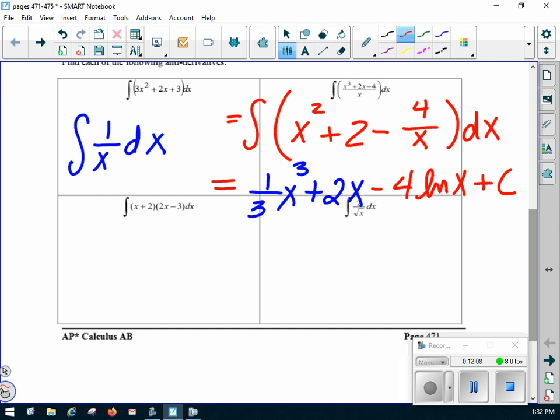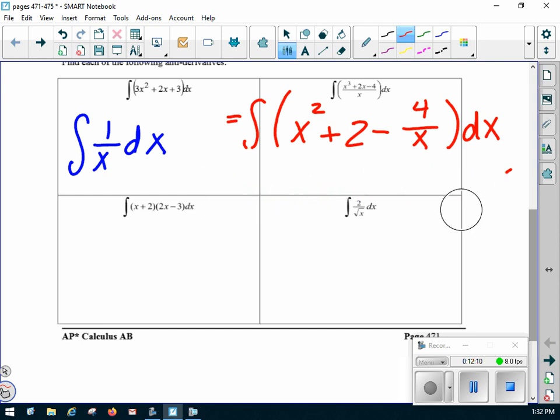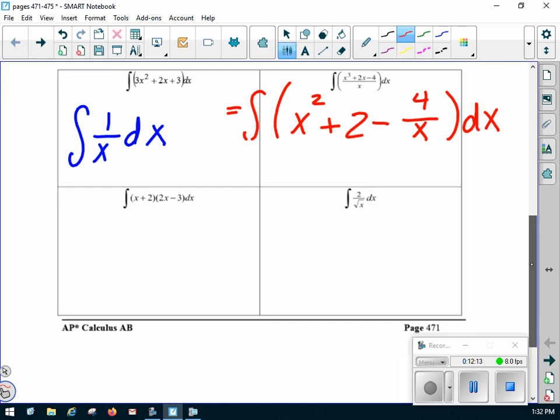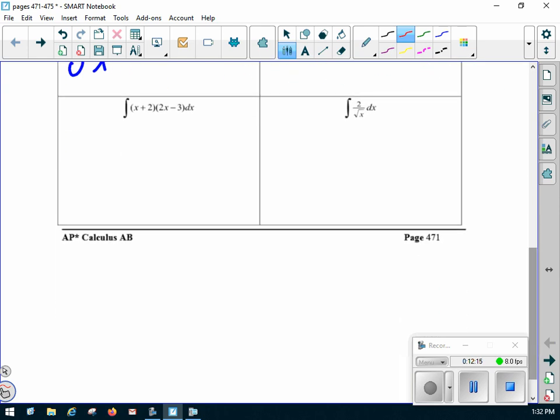All right, let's go down to the next one. What do you think? Factor it out? Multiply it out? Yeah, let's multiply it out. So this is the integral of... did I do that right? Now take the integral or the antiderivative.